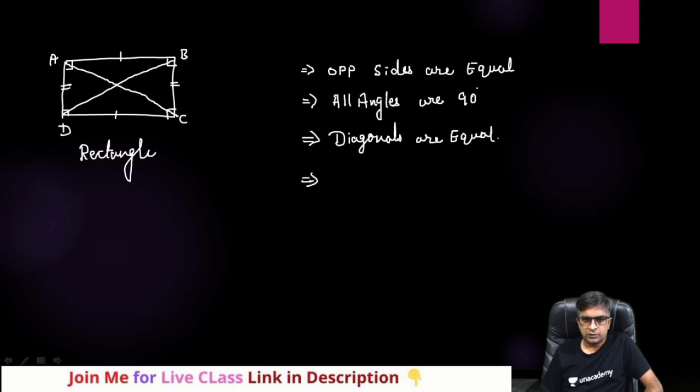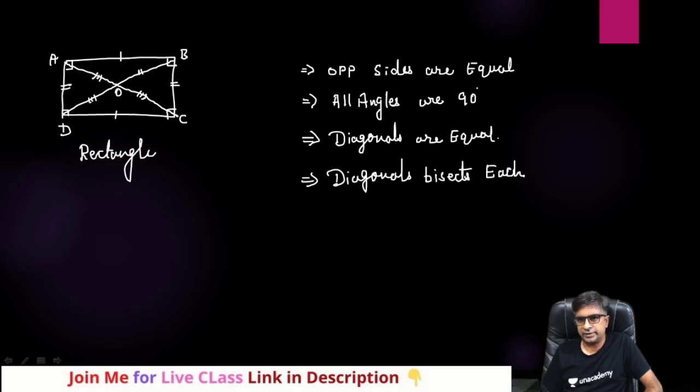And then diagonals are bisecting. Yes, diagonals are bisecting here. This will equal this, and this will equal this. But they are not making 90 degrees everywhere, so we will just write diagonals bisect each other.